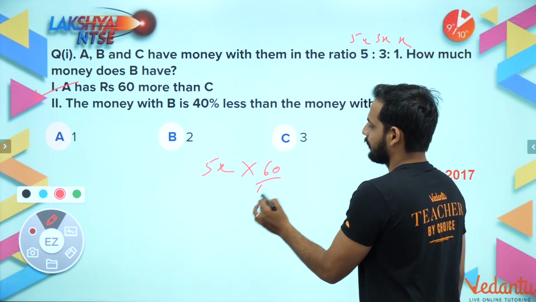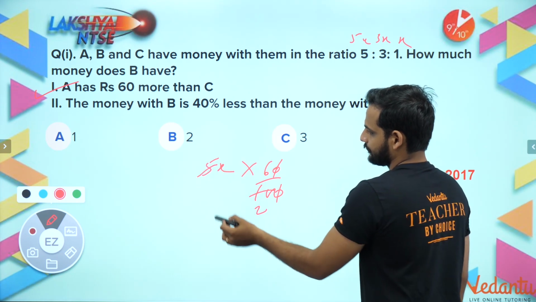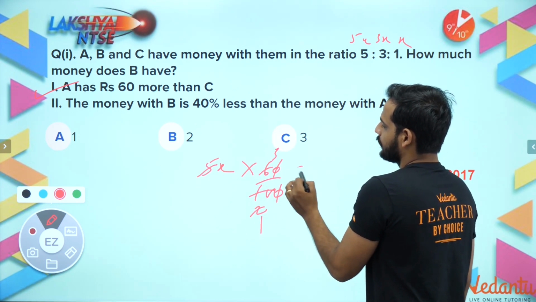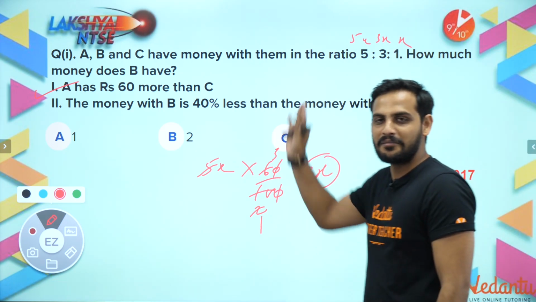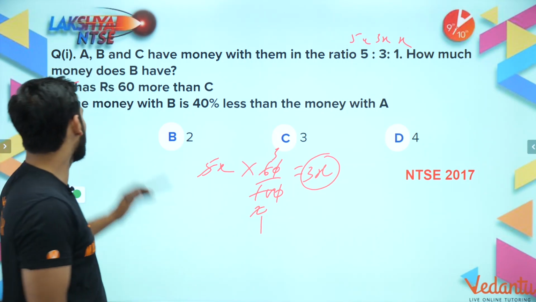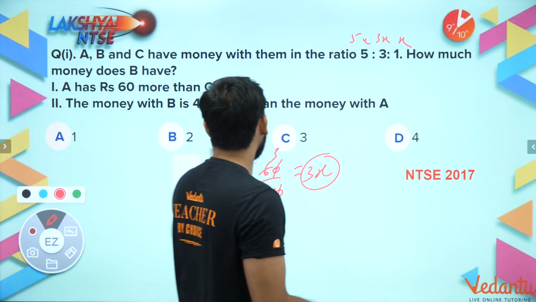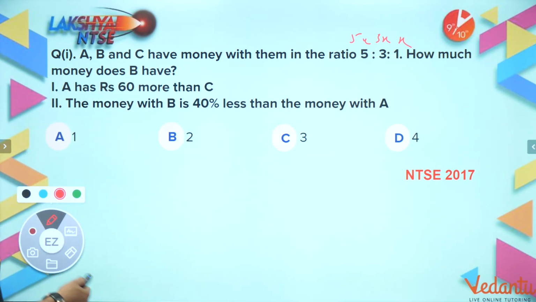So 60 by 100 times 5x, and you are getting 3x. So this is giving you the same thing again: B's amount is 3x. This is not helping you solve the problem. So I can say only statement 1 is sufficient for me to solve the question. Okay, chalo, let's move to the next question.